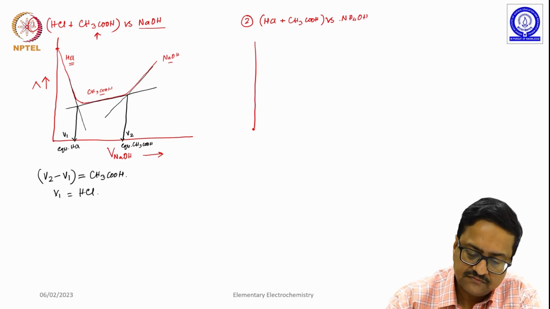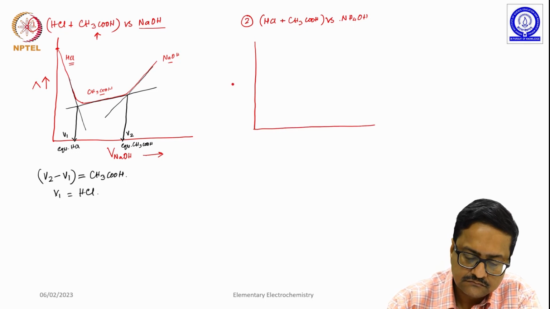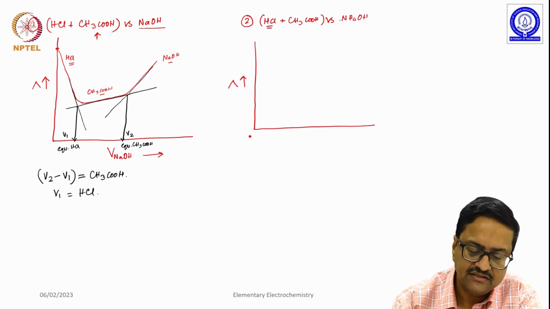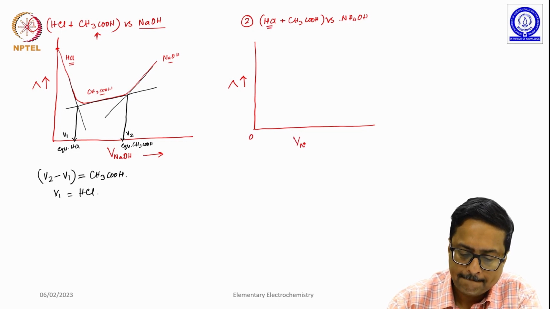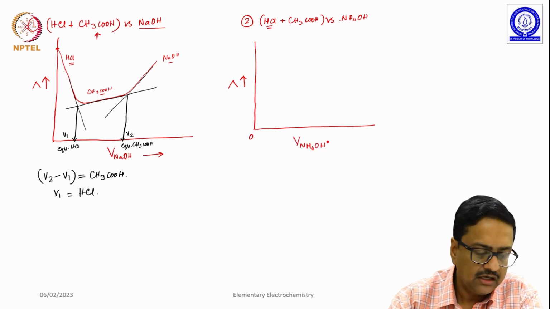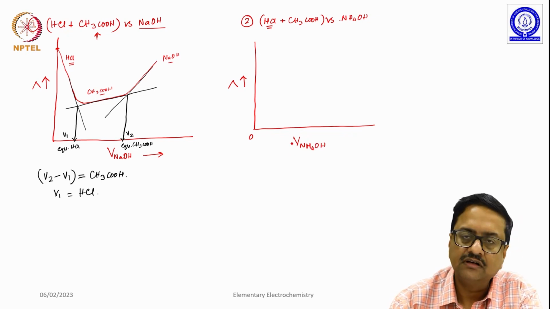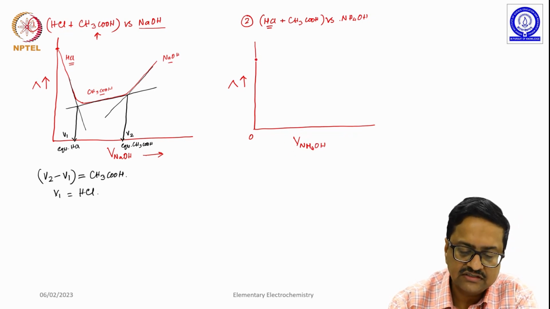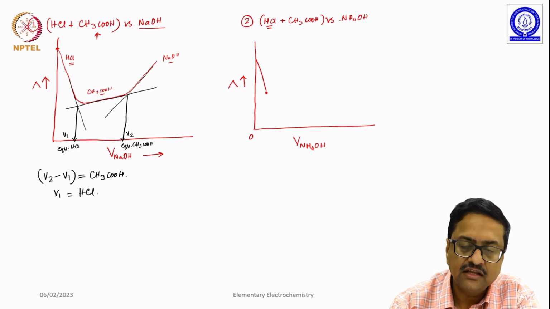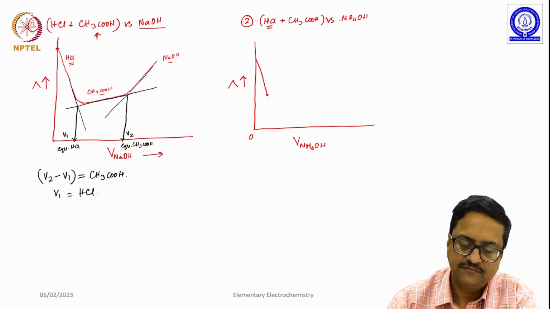So as usual, the conductance initially will be governed by HCl, and with addition of ammonium hydroxide, the conductance will continuously decrease till about the equivalence point.